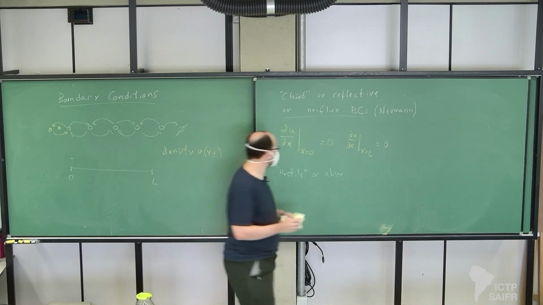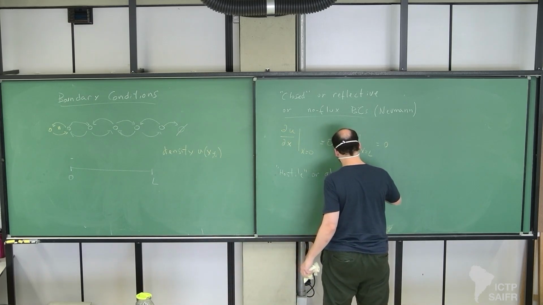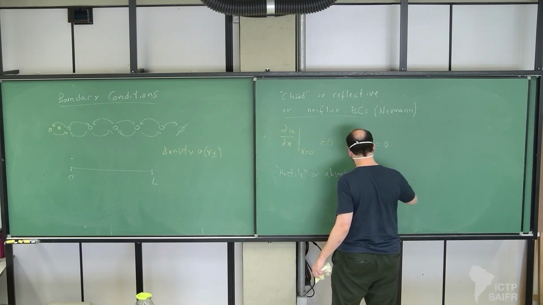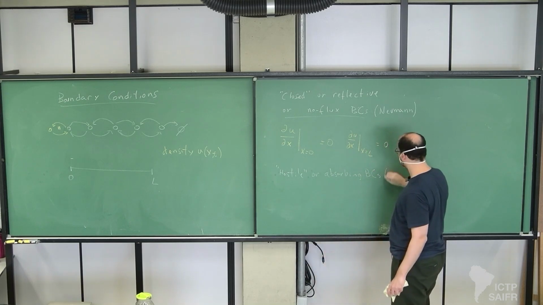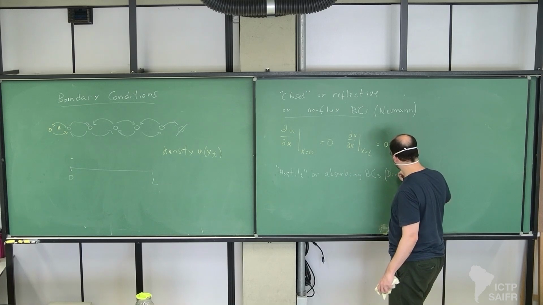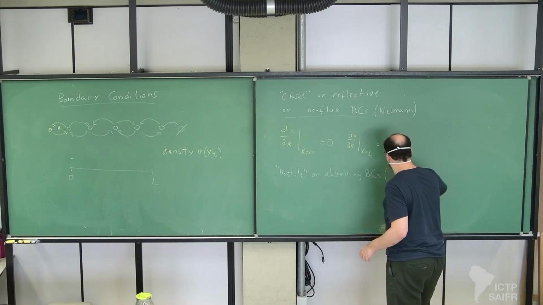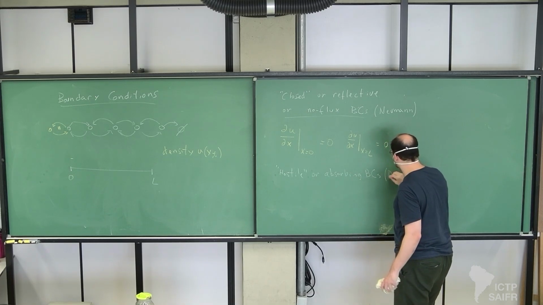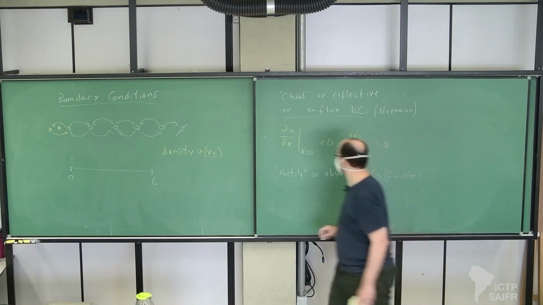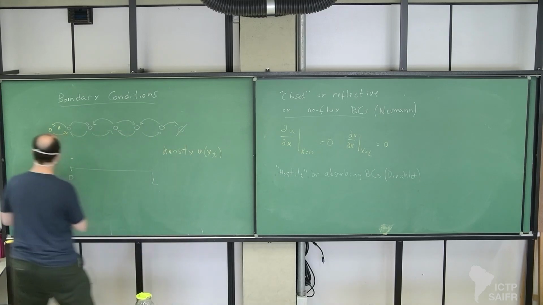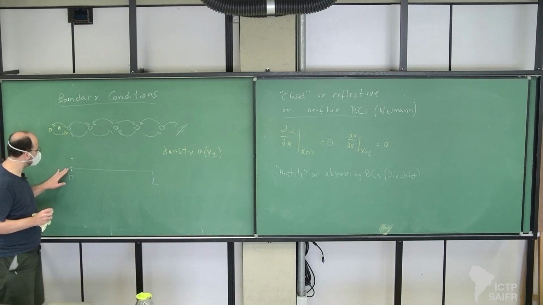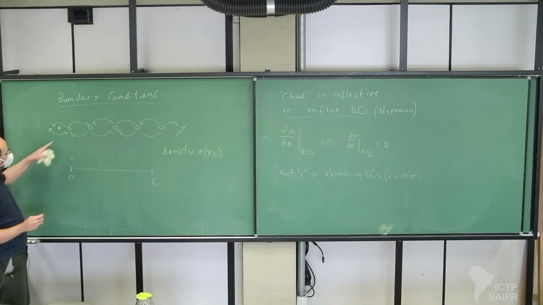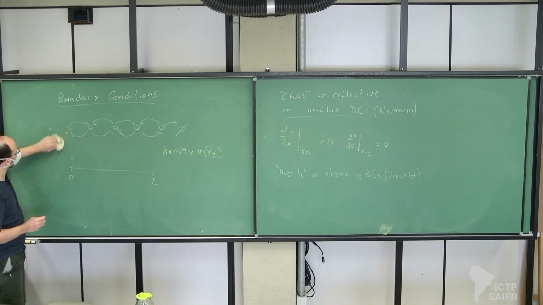These absorbing boundary conditions are also known as Dirichlet boundary conditions. These are 19th century mathematicians, right? And for this we had already thought about it: it's as if all the population just leaves and never comes back.